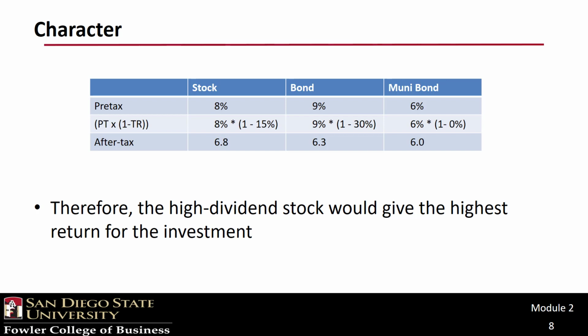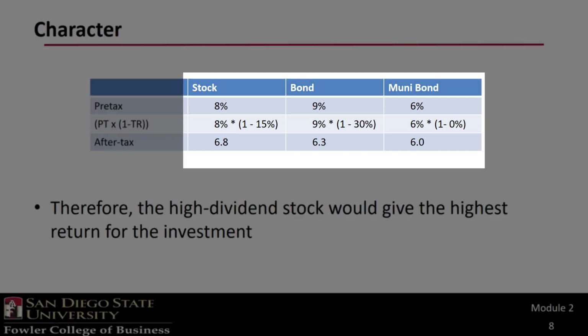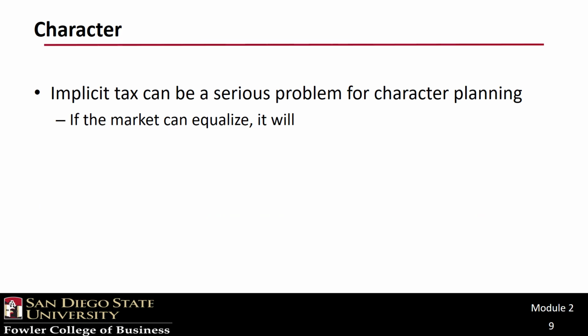Because the character of the 3 investments differ, the tax rate that applies also differs. You can see that the highest pre-tax return, the taxable bond, does not yield the highest after-tax return. We should also remind ourselves that implicit taxes probably play a part in setting pre-tax returns anyway.